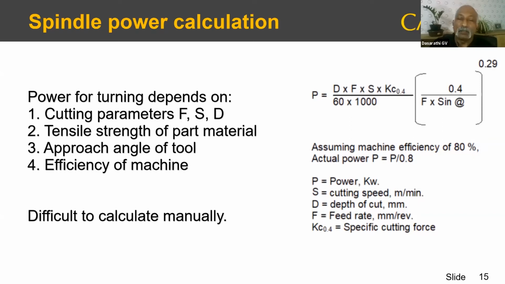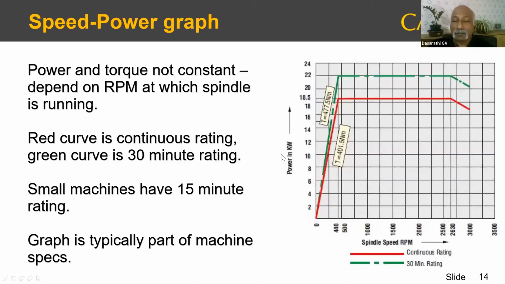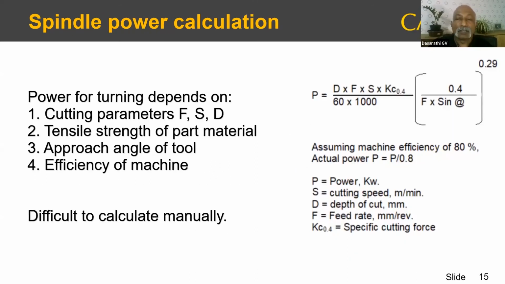You just increase the depth of cut and see whether it works, so you need to keep constantly comparing. You have to keep using this graph. So these two, these formulae and the graph for that particular machine, are going to decide how you use your cutting parameters.